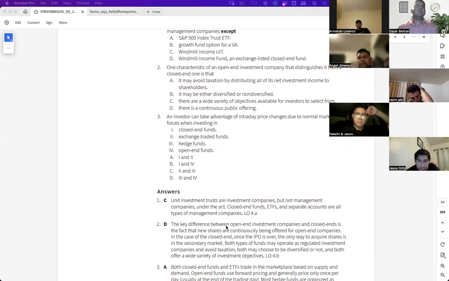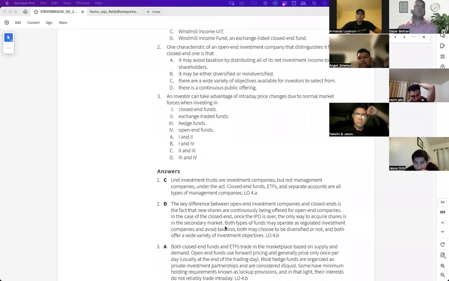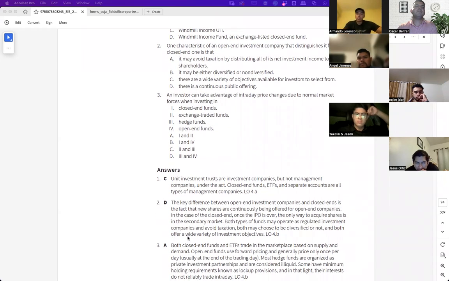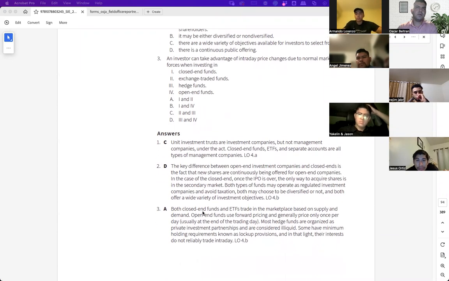And then 2 was D. That's good. And then 3, it was A. Okay. So it's going to be 1 and 2. So closed-end funds and exchange traded funds. There it is. So closed-end funds, ETFs trade in the marketplace based on supply and demand. Open-end funds are forward pricing and generally priced only once per day.